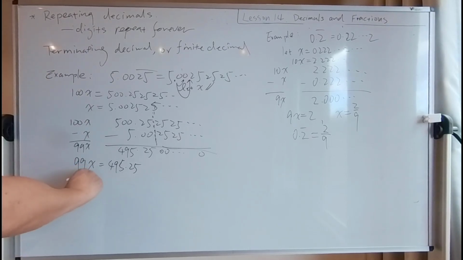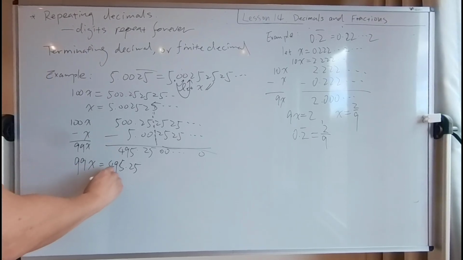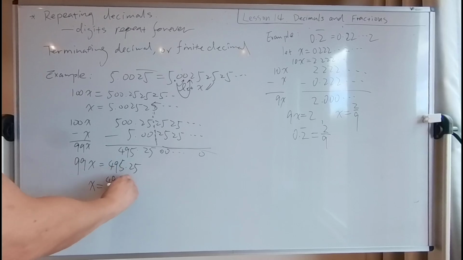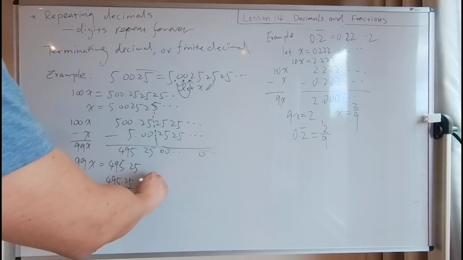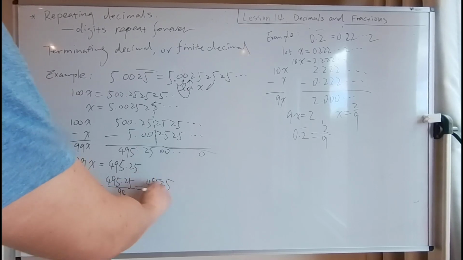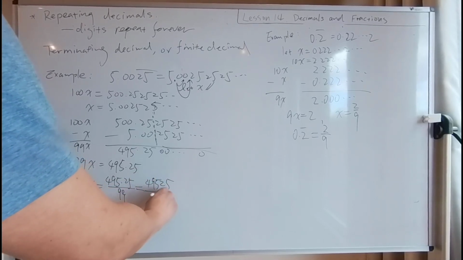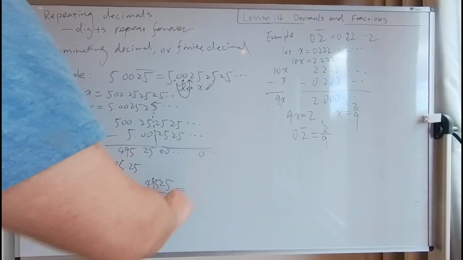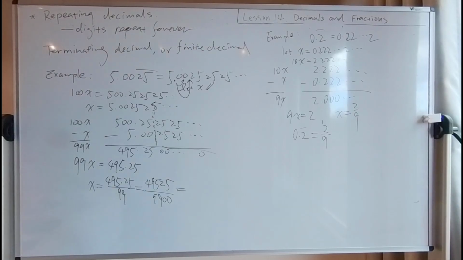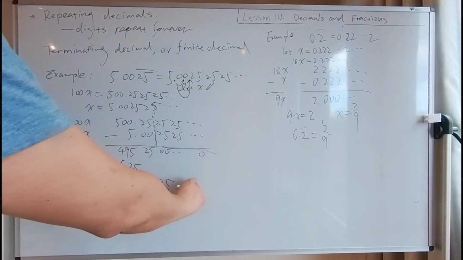And that means my x is 495.25 over 99. I want a fraction with all integers, so I need to multiply by 100 on both sides. So this number would first be converted into an integer, and then I can further simplify this. If this can be simplified, I can divide by 5, and then you can simplify this fraction.